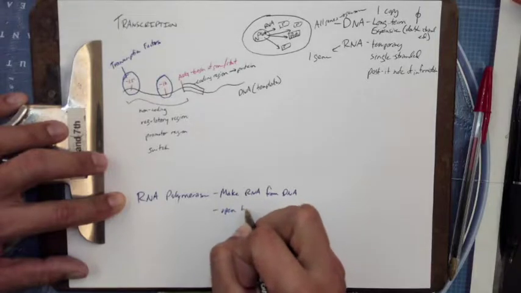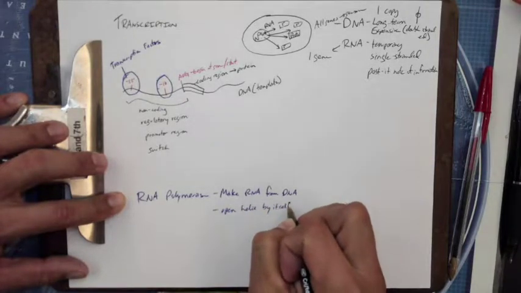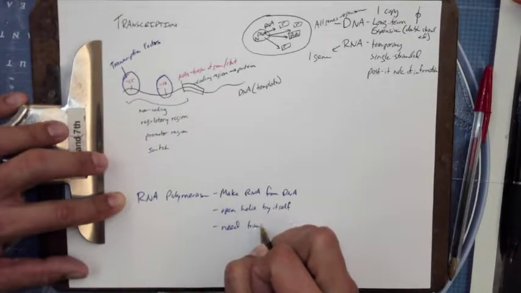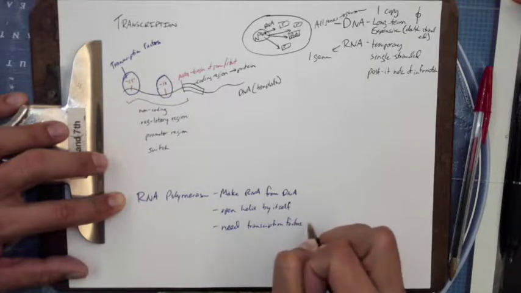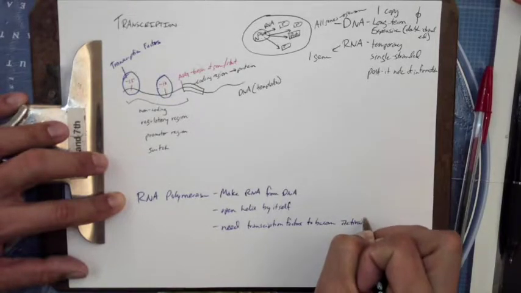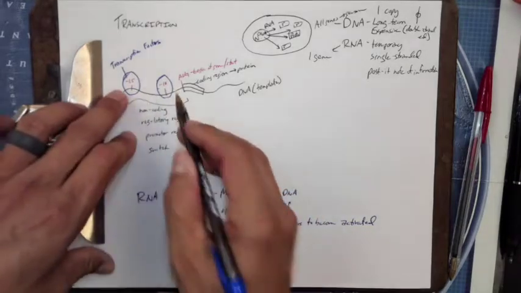It can open the helix by itself, but it needs transcription factors to become activated. So it's not going to do anything unless these transcription factors turn it on.